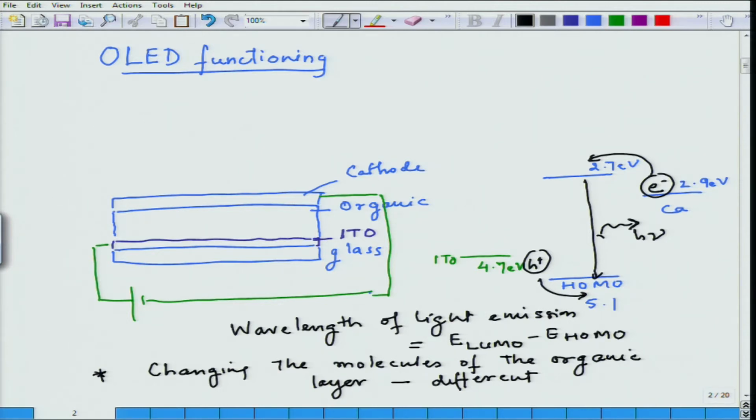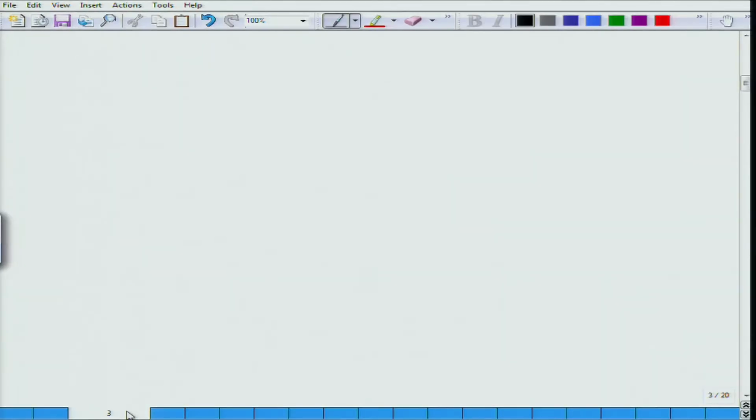You change the nature of the organic layer and you can get RGB, red, green and blue emission, which is then used to create the display. Now, if this OLED is giving some light out, the quantity which is important for us is the light output divided by the electric power that is given. So, then we are interested in the efficiency of the OLED.